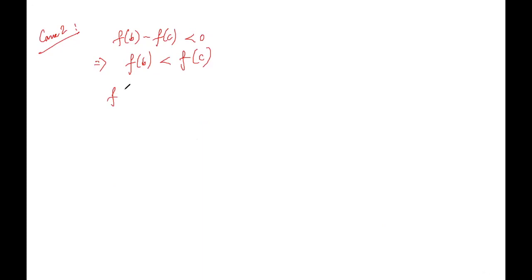So we have f of c minus f of a to be greater than 0, and this implies that f of c is greater than f of a. So in this case you see that f of c, the point inside the interval AB, is strictly greater than the values at the boundary.